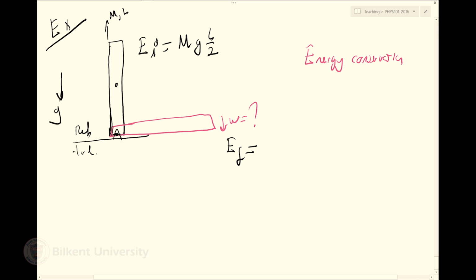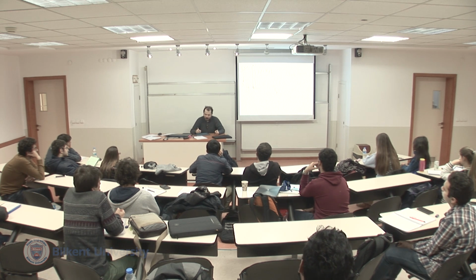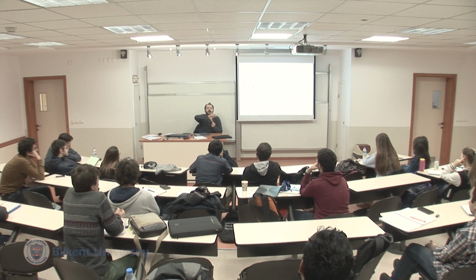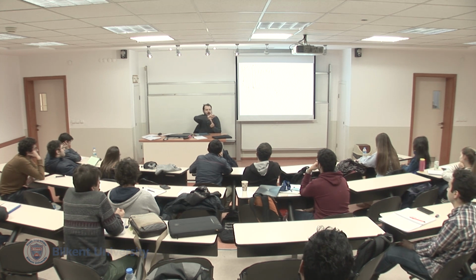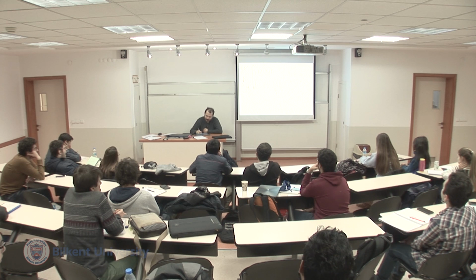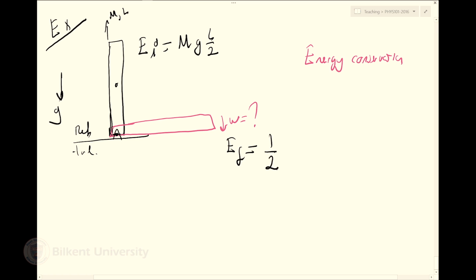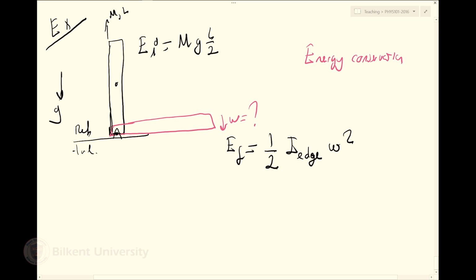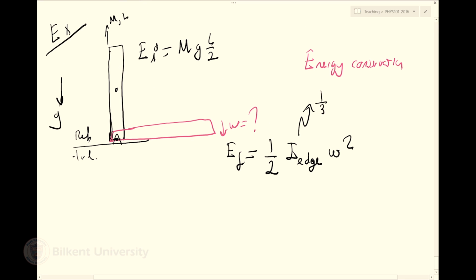Inside of the rotation. Okay, so let me do it two ways. One way is to say, hey, I know that there is a pivot point. That's actually going to be constant. So all the motion I can actually analyze as rotation. So what I will say is that that is going to be 1/2 I edge times omega square, and I edge I'm given as 1/3 mL square.